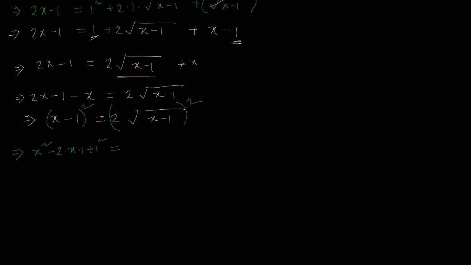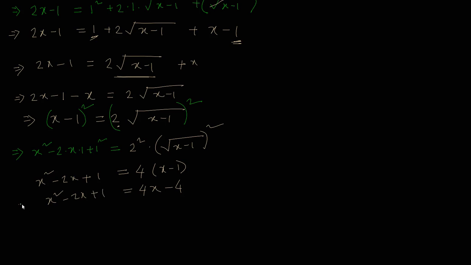Here we have two terms: 2 square, which is 4, and square root of x minus 1 square, where the square root and square cancel out, so I am left with x minus 1. So on this side it is going to be 4x minus 4, and on the other side x square minus 2x plus 1.